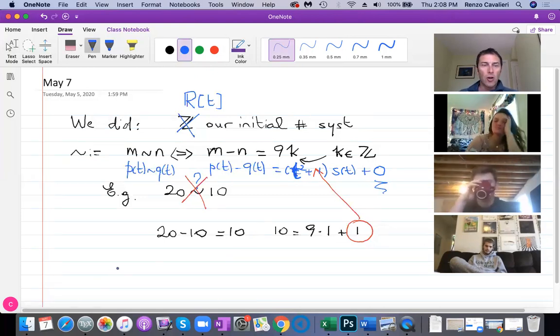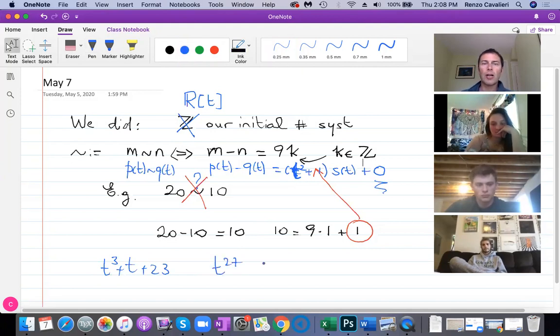So at this point, two polynomials can walk up to you, something like t cubed plus t plus 23, and t to the 27, and ask you, are we equivalent? And then how do you check it?